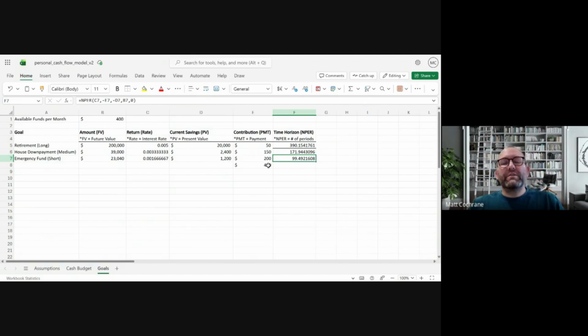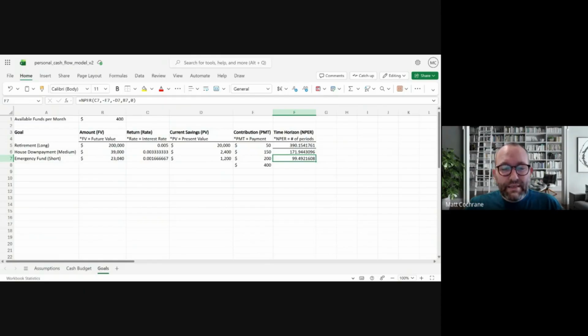So you see here the connection, and you see that all of these factors, these 5 factors, the amount, the rate, the present value or the current savings available, the contribution, the time horizon, they are mathematically connected, and basically, the constraint here will be your available funds per month that you then have to allocate, and that's going to tell you if you save toward those specific goals, how long it's going to take.